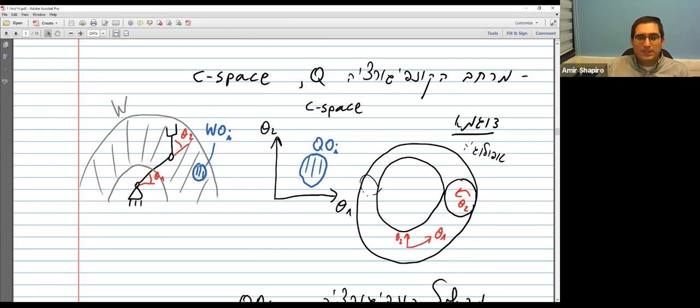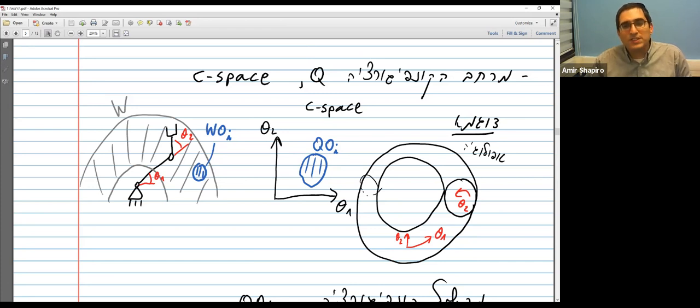I can look at this also in a topologic way, because theta1 and theta2 are not Cartesian coordinates, because when I hit 360 degrees, this is exactly the same as going back to 0 degrees.